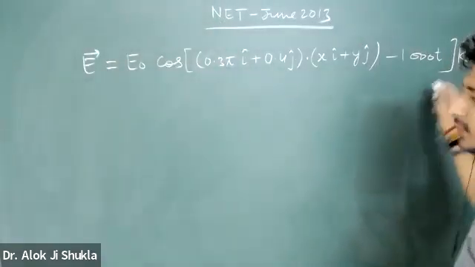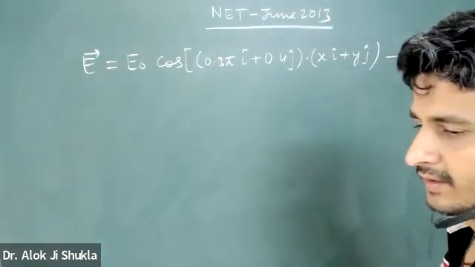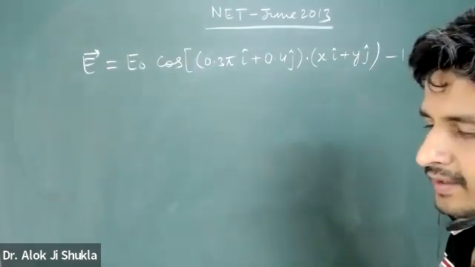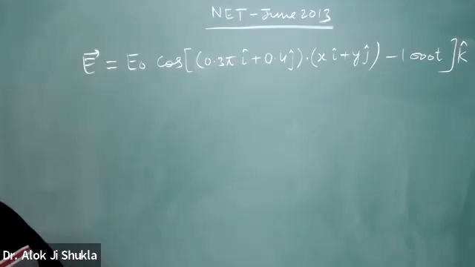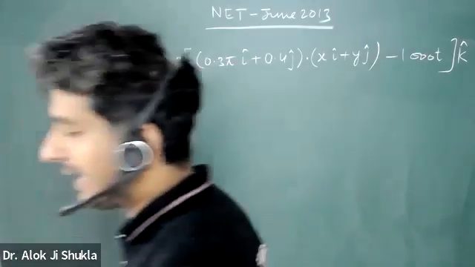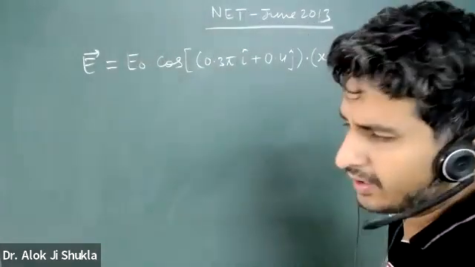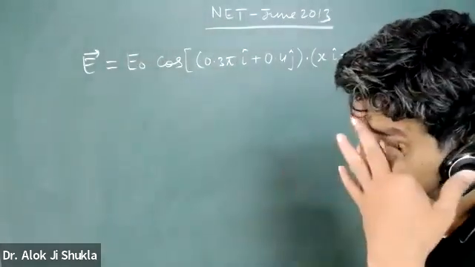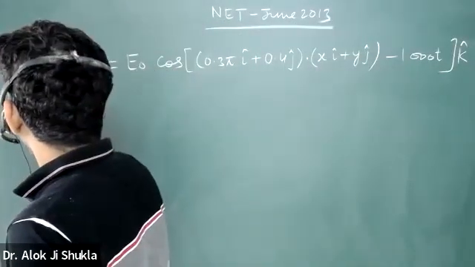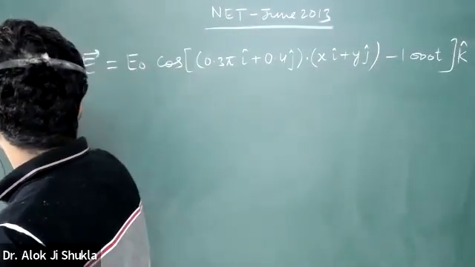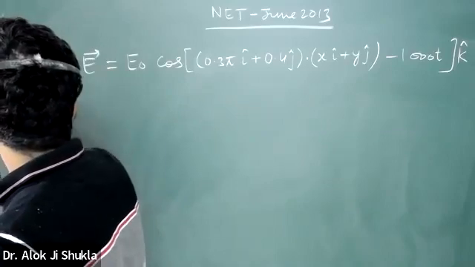Acha, in previous question, one thing we missed, capital A was also required. I think in first question that we did. First question mein the value of capital A was also required. So just take K dot E equal to 0 because it is electromagnetic wave. So direction of K and electric field will be perpendicular. So take K dot E is equal to 0.